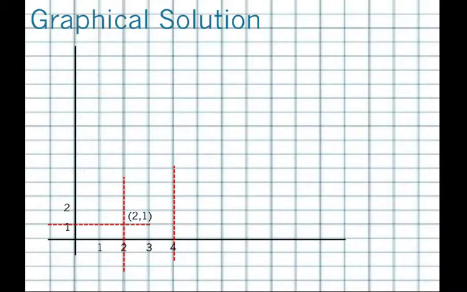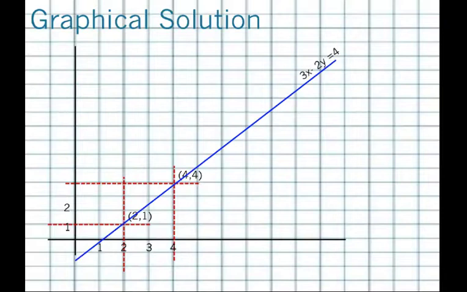So we have drawn that vertical line from x is equal to 4 and a horizontal line from y is equal to 4. And once again, we see that point of intersection as (4, 4). The next step is to connect these 2 points, (2, 1) and (4, 4), and draw a straight line that represents our first equation, that is 3x minus 2y is equal to 4.